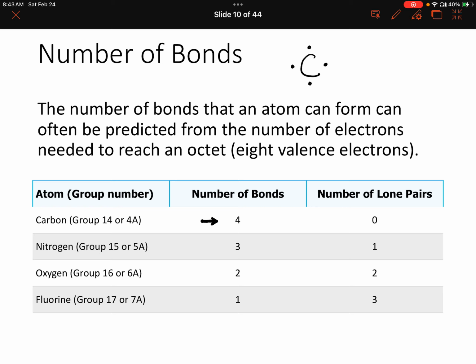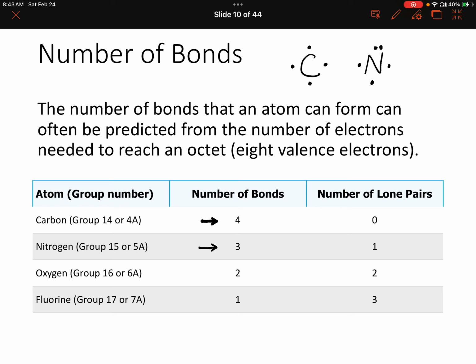Now let's look at nitrogen next. So nitrogen is in group 5. So it has 5 valence electrons. And that means it wants 3 more electrons to have a total of 8. So it can make 3 bonds.